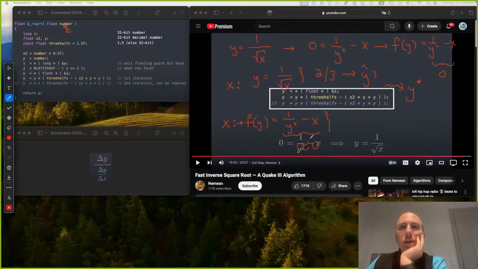So we make it a little bit better by running one step of Newton's iteration. Going back to the code, we have y, which we can almost call y hat here. It's close, but we want to make it a little better, so we apply one step of Newton's iteration to it.